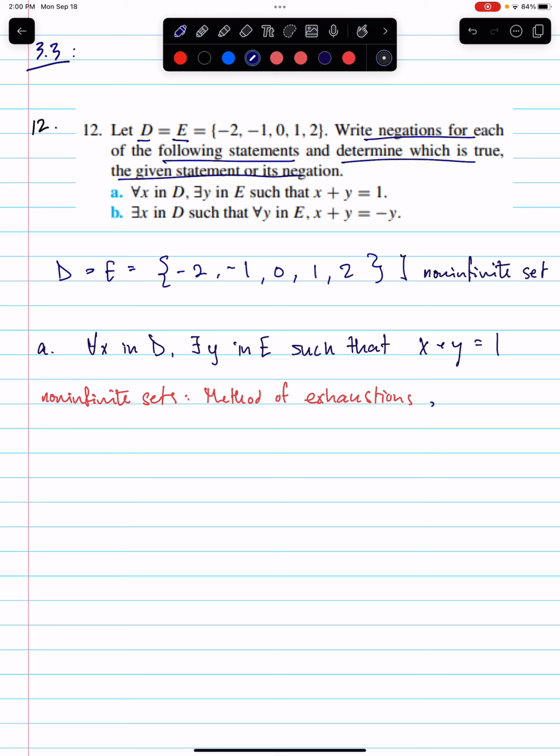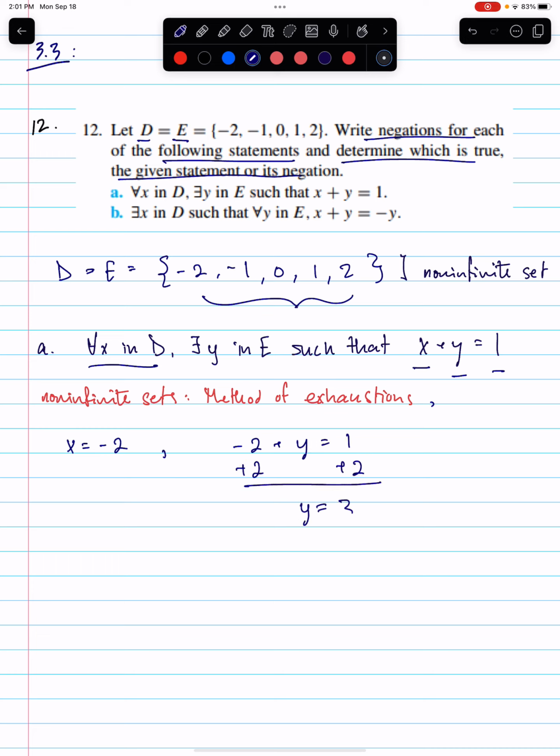So we'll say for every x in D, right? So let's just say x equals -2 right now. And then there exists some y in E, and remember E is the same as this, such that x plus y equals 1. Is there anything in this set such that -2 plus y equals 1? y would have to be 3.